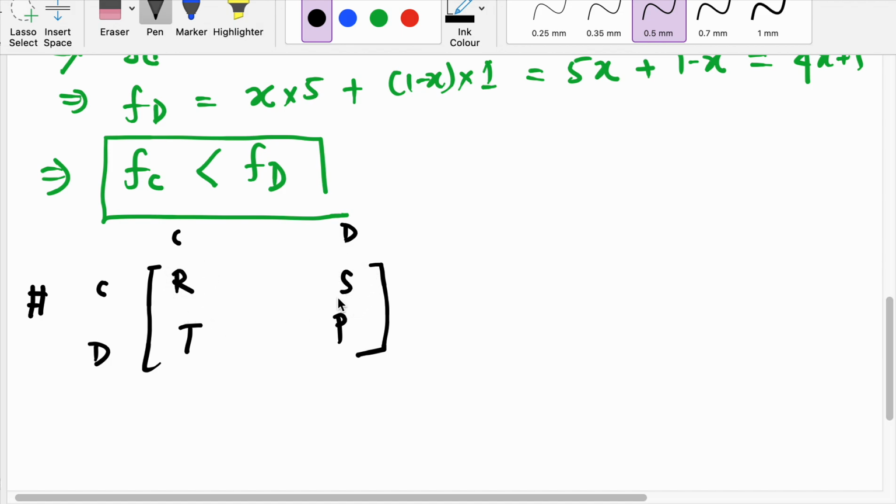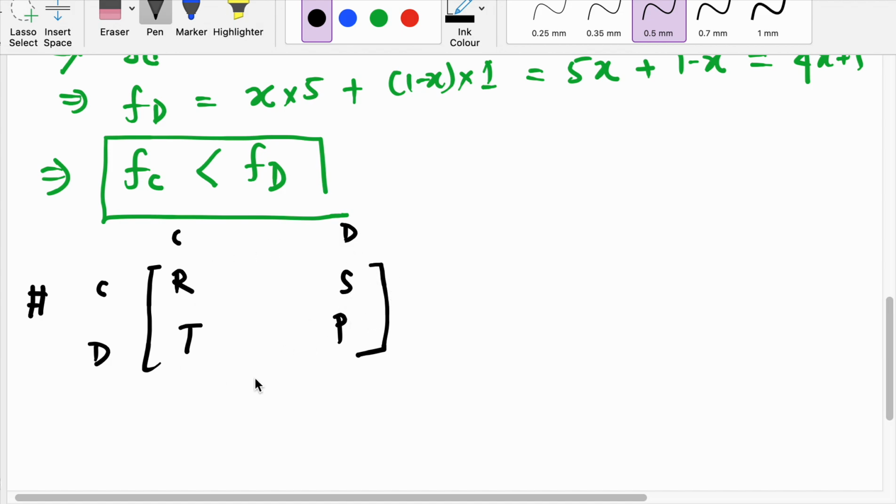S is called the sucker's payoff because it is cheated or defected by a defector. T is called the temptation payoff. The defector always has a temptation to cheat or defect against the cooperator. And P is the punishment payoff, because both of them defect, so they are getting a punishment.